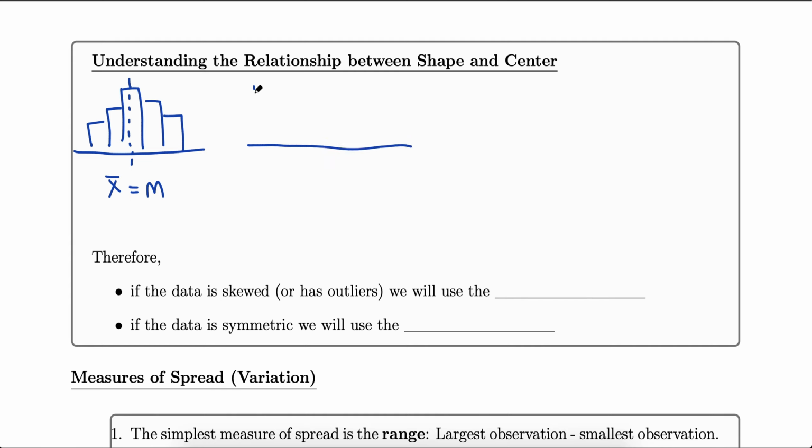Next, what if we had some data shaped like this? Maybe the median, the half and half, is somewhere down here. We have a lot of data here and here. Where would the mean or the balance point be for this one?